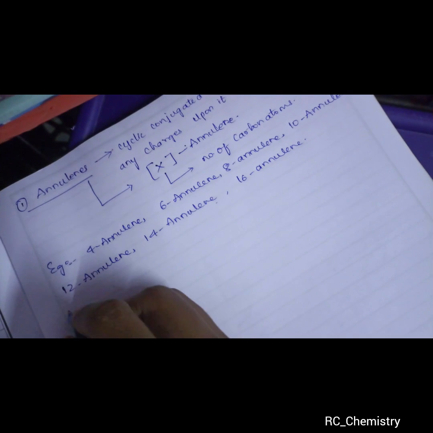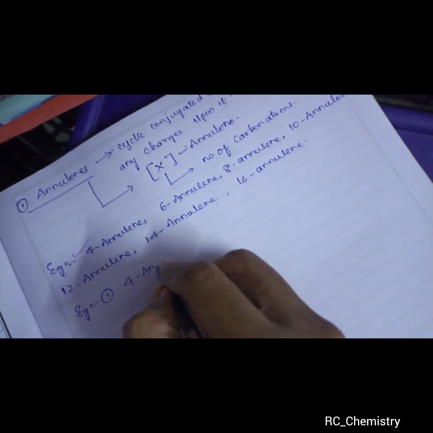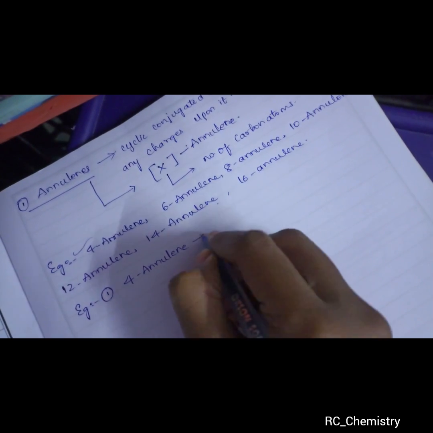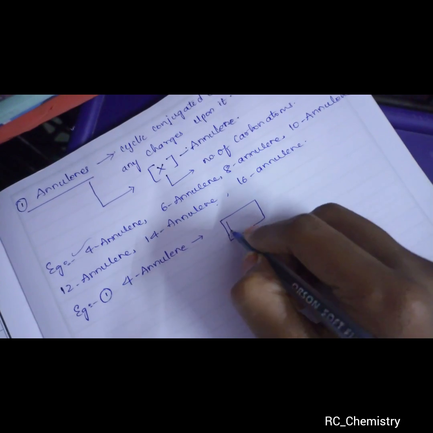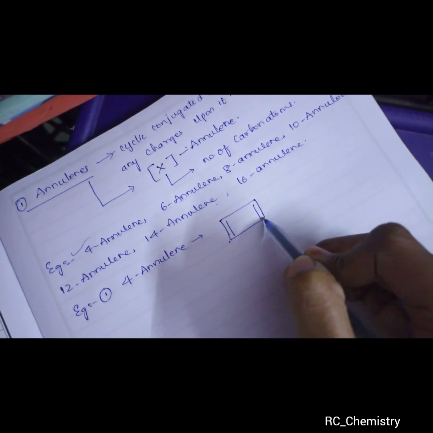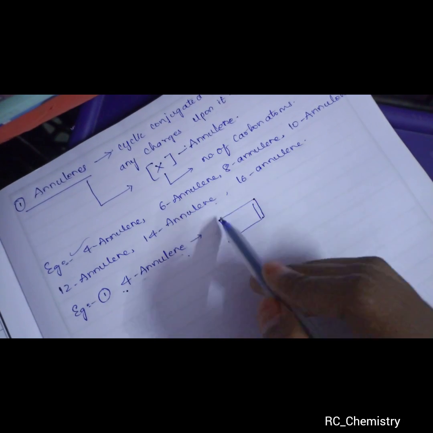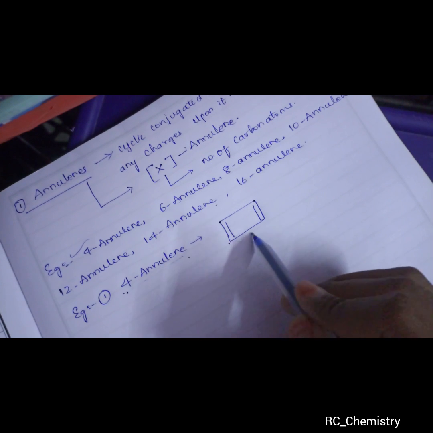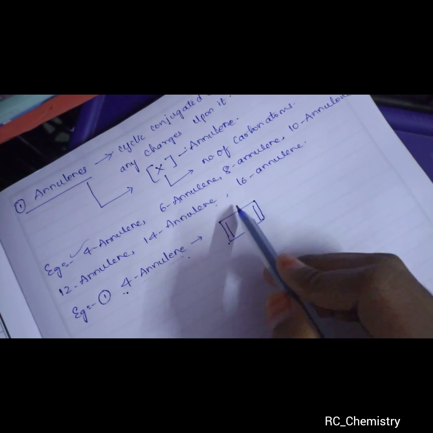First, example 1, which is 4 annulene. The structure of 4 annulene will be this one. Here the total number of carbon atoms is 4, that's why it is called 4 annulene. It is called an annulene because it is a cyclic compound and consists of conjugation without any charges.